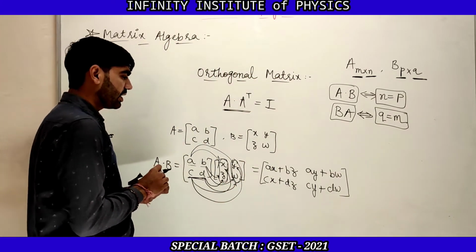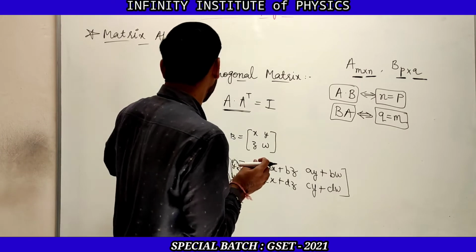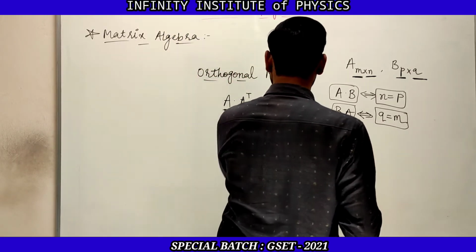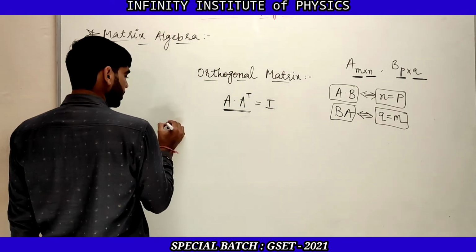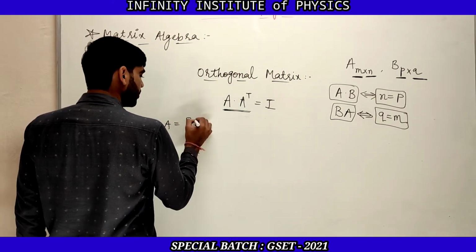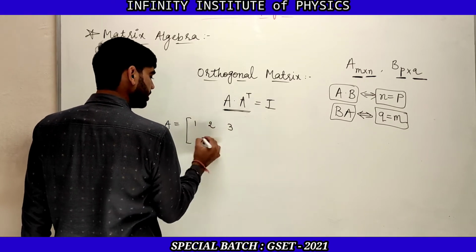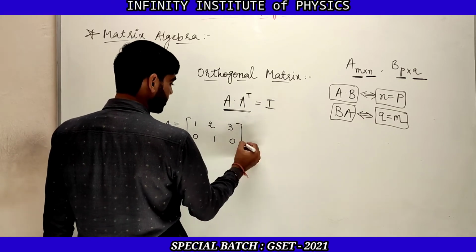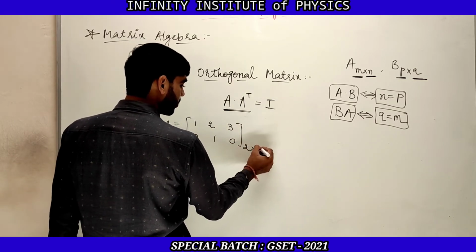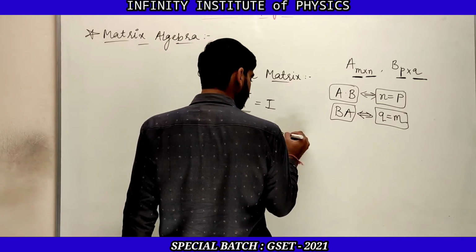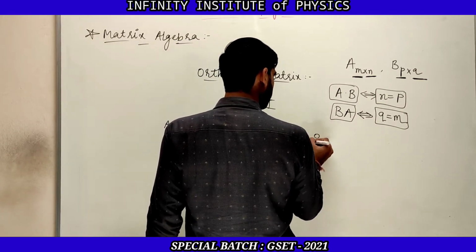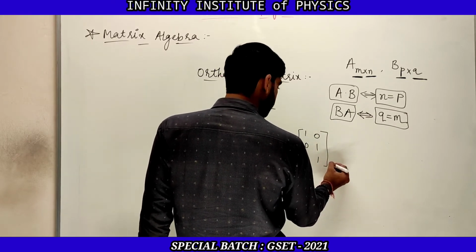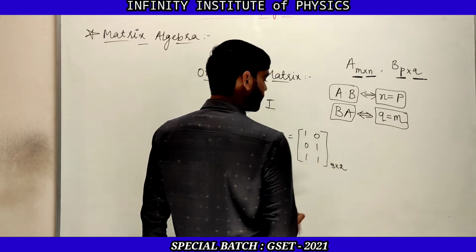Clear? So now let us consider an example. Suppose A is the matrix 1 2 3 0 1 0. This is a matrix which has 2 rows and 3 columns, and consider that B is the matrix 1 0 0 1 and 1 1, which has 3 rows and 2 columns.